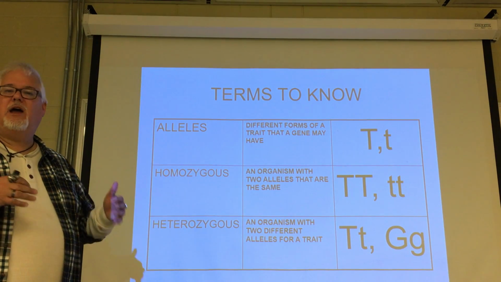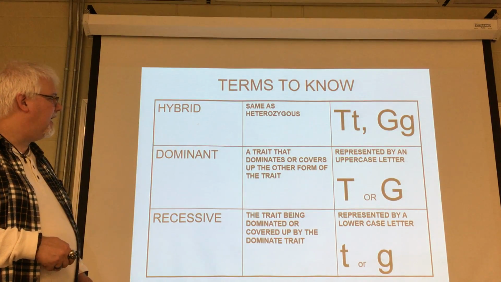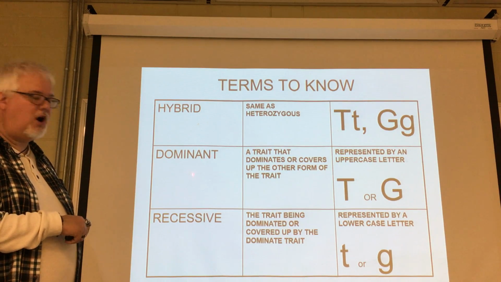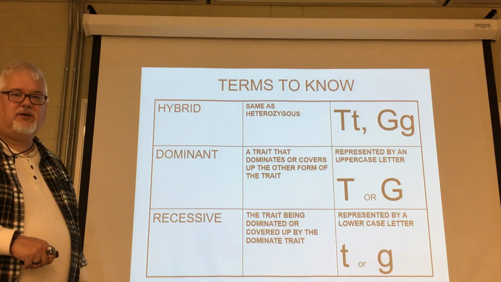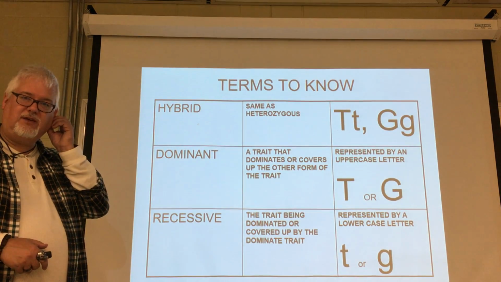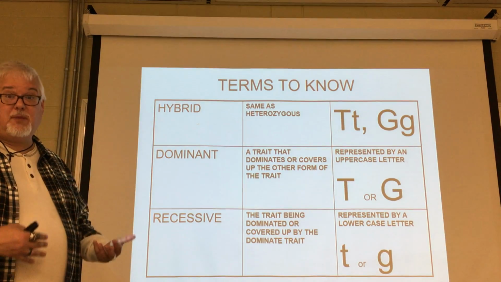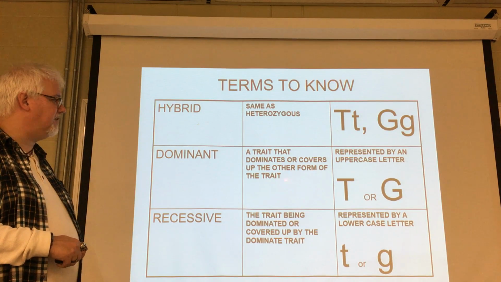G's. Now, what does the case mean? Okay? The case refers to either dominant or recessive. The capital letter indicates a dominant trait. A dominant trait will cover up or dominate the presence of the recessive trait.